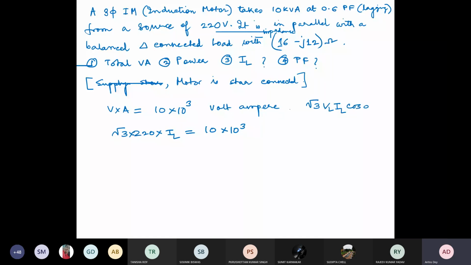Root 3 VL is known to us, IL we need to calculate, cos phi is known to us, which is 0.6, and here kVA is given, so 10 into 10 cube into 0.6. I have not written 0.6, I have directly calculated this. This is your IL, which turns out to be 16.25 ampere.